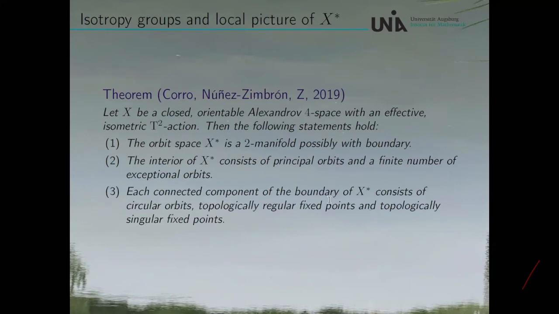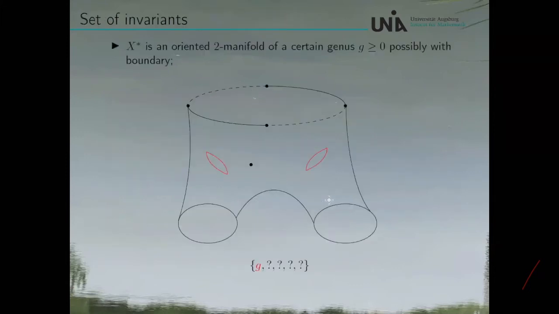And then the boundary components. We have boundary components which entirely consist of circular orbits. And we have boundary components that have fixed points, either topologically regular fixed point or topologically singular fixed point. Okay, now by this information, we can collect the weights. First of all, the first weight is the genus of the surface that we got.